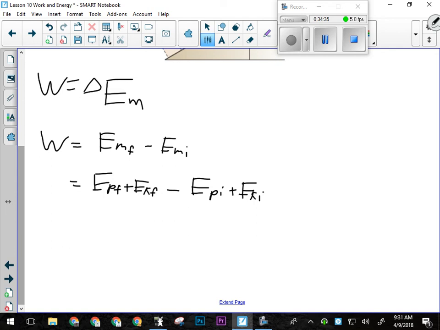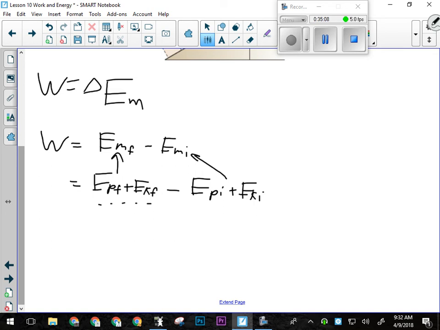Work is a change in mechanical energy. Change means final mechanical minus initial mechanical. And mechanical energy is the sum of the potential and the kinetic at each point. So if I add the final potential and the final kinetic, that will give me this. And if I add the initial potential and the initial kinetic, that will tell me the initial mechanical energy. Everybody all right with that idea?